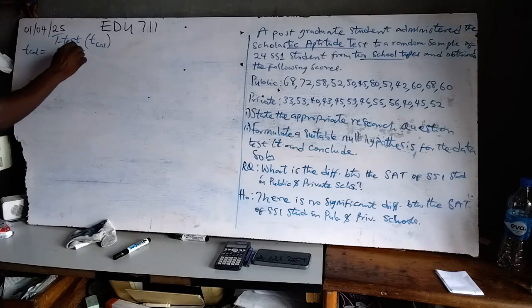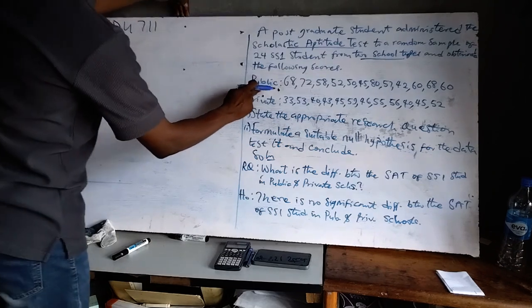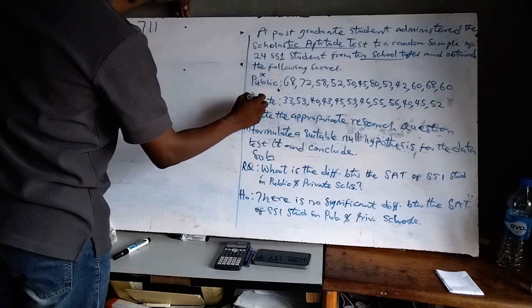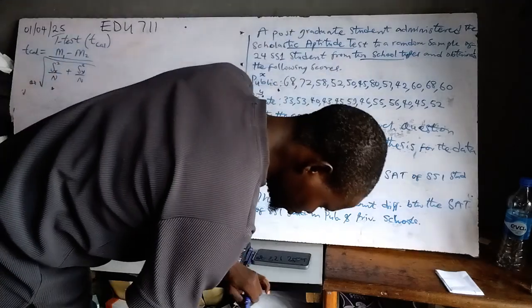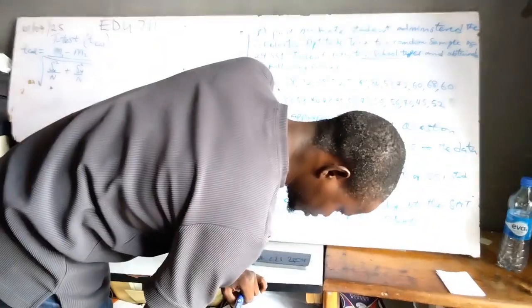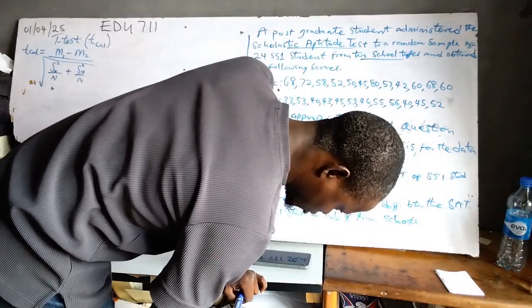So our t-cal is equal to M1 minus M2 all over the square root of, because we are dealing with two groups, so the public school will be our x and the private school will be our y. So all over s squared of x over n plus s squared of y over n, and that is our t-test formula.